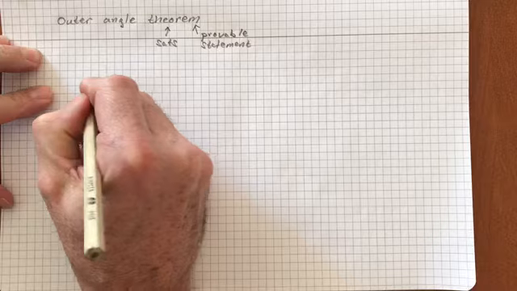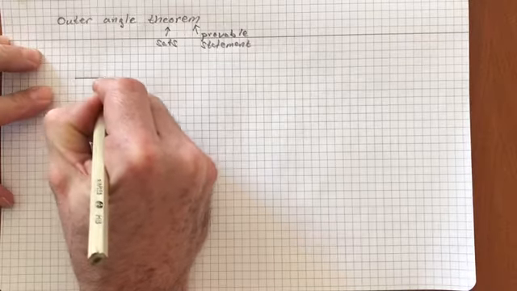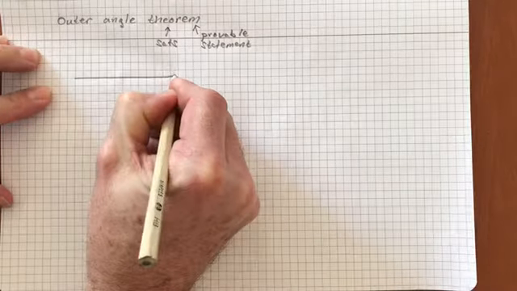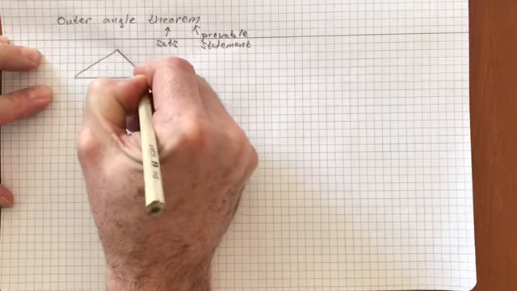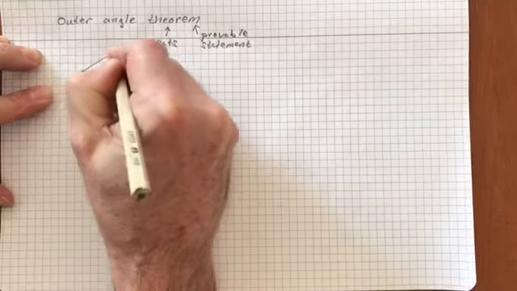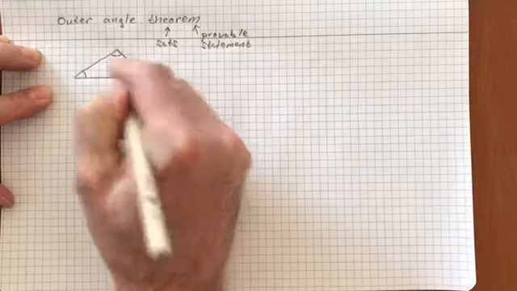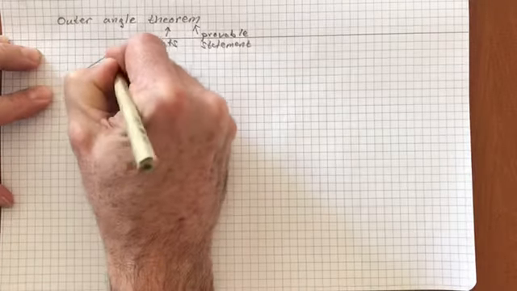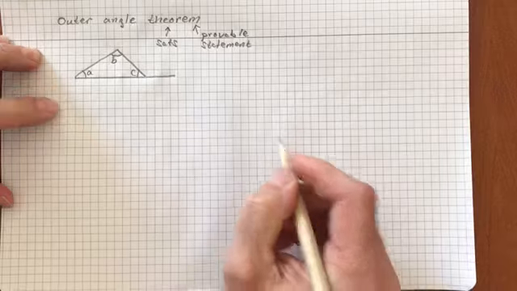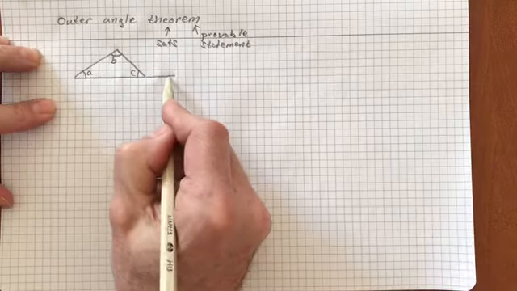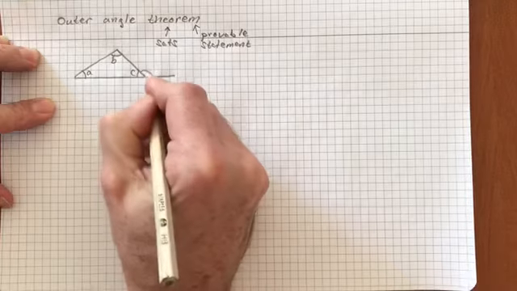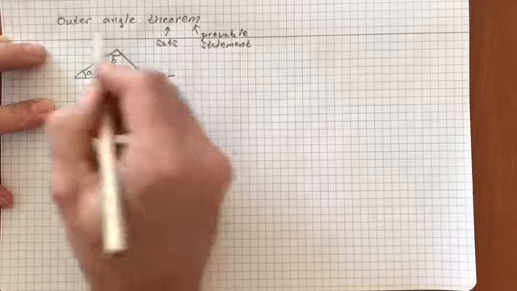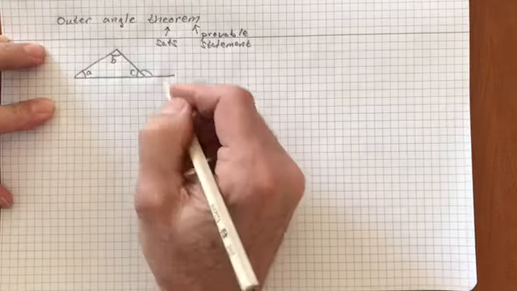It looks like this. So we start by drawing a triangle. You do it as well, so you remember this. And the triangle looks like this. We have 3 angles inside the triangle. Let's call them A, B, and C. And you see this line is longer. So this is the outer angle, hence outer angle theorem.